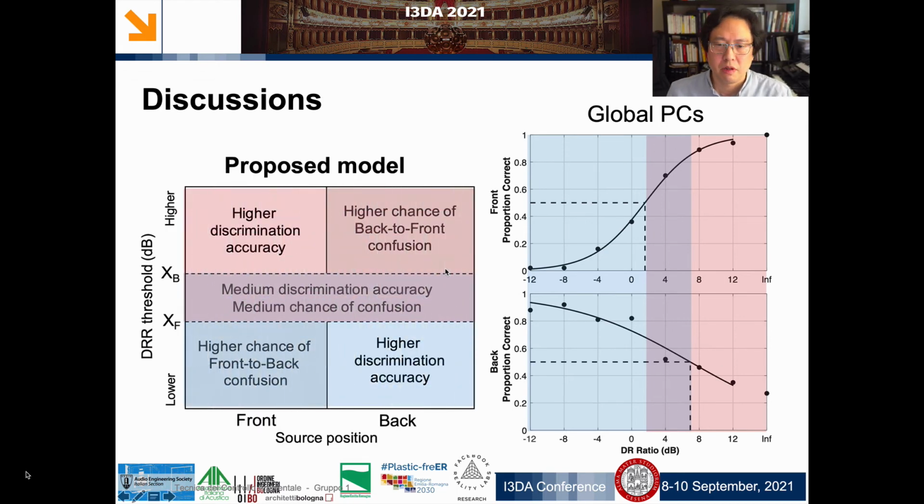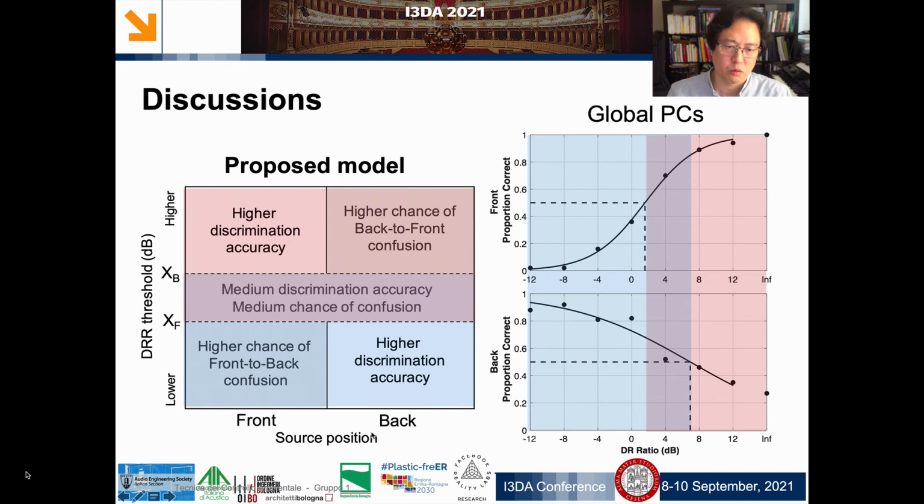Now, using this trade-off relationship, we propose this simple model of DRR in terms of front and back confusion. XF is the threshold for the front source, which is here, around 2 dB from this current data. And XB is the threshold for the back source, which is around 6 to 7 dB. So if the DRR is lower than XF, this will cause a higher chance of front and back confusion for the front source, but it will give higher discrimination accuracy for the back source.